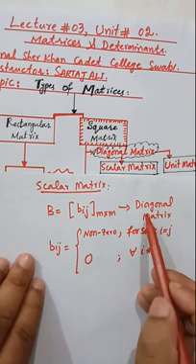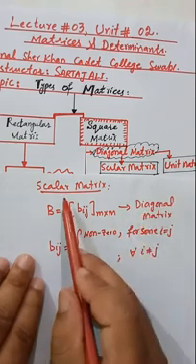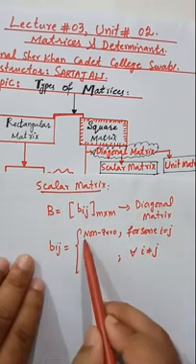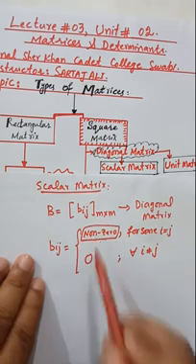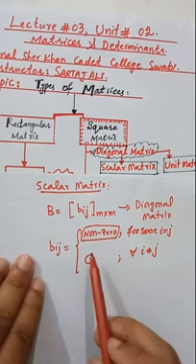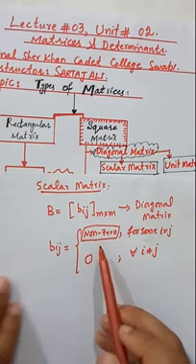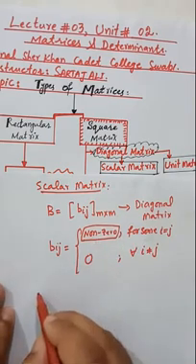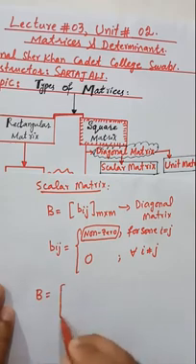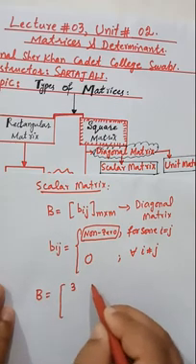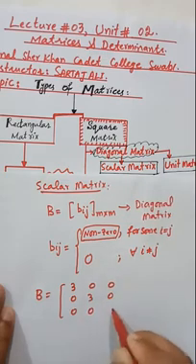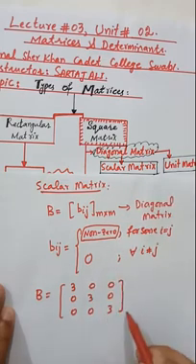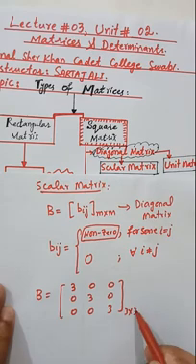Now the diagonal matrix is said to be a scalar matrix if all these non-zero elements are equal. For example, let's say b is equal to 3 0 0, 0 3 0, 0 0 3. You see that this is a square matrix of order 3.